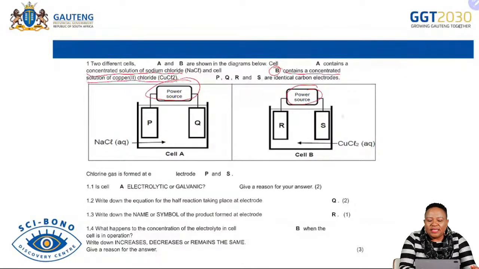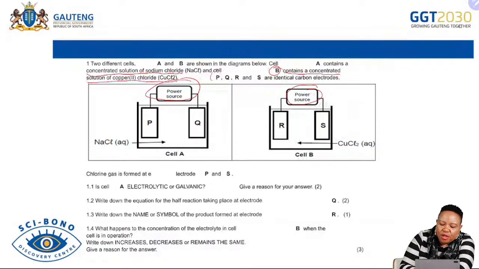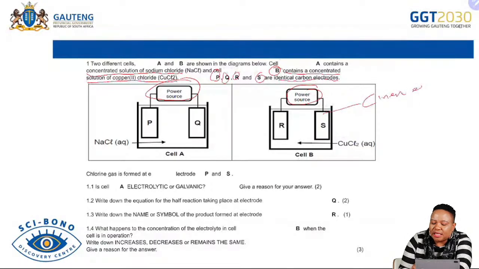So already we are told that there is copper chloride in our electrolyte for cell B, but we don't know what process is happening in cell B. They are saying P, Q, R, and S are identical carbon electrodes. Remember, we said carbon electrodes are our inert electrodes.